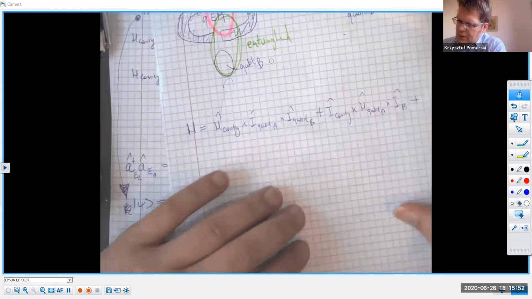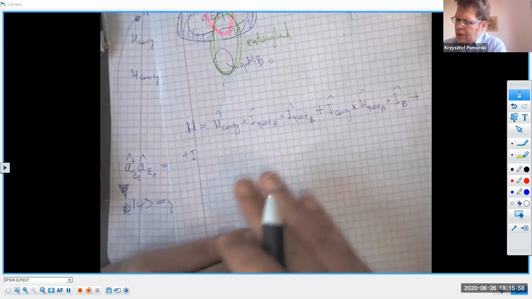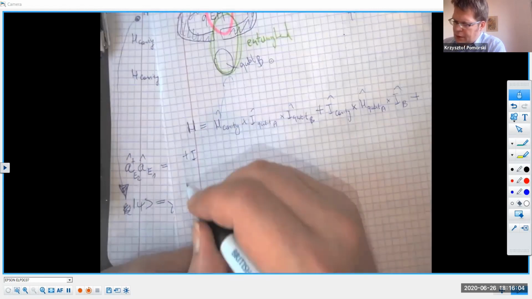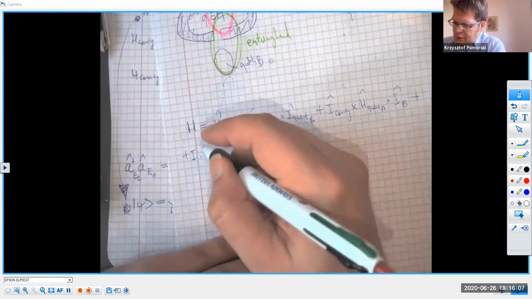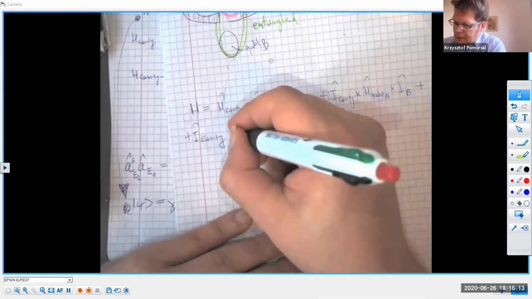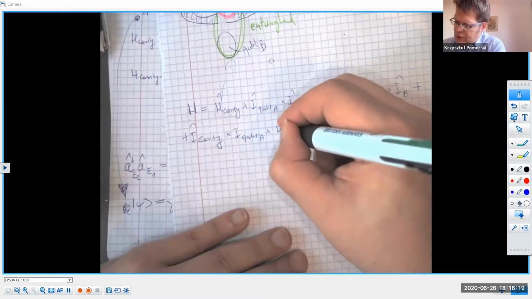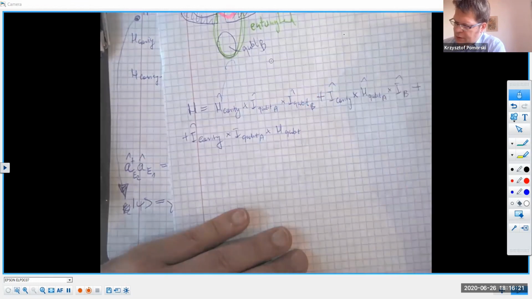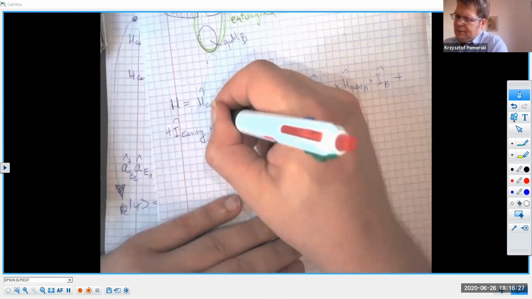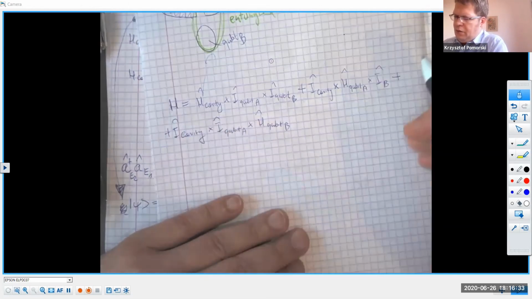Plus, this is so far for the non-interacting case, and then we have the cavity and qubit A times the energy of qubit B. So this is for the non-interacting parts.